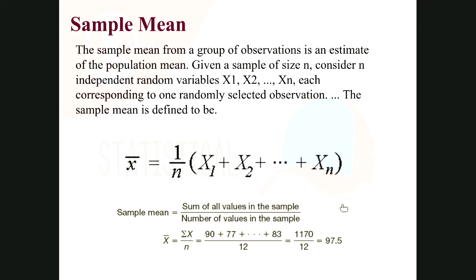You want that mean, because what you're saying at the end is your sample mean is as close to the population mean as possible. That's why you take a sample, and that's why you want your sample to be representative of the population, and that's why you have to be careful when you select the data.